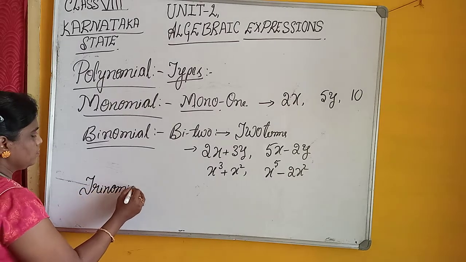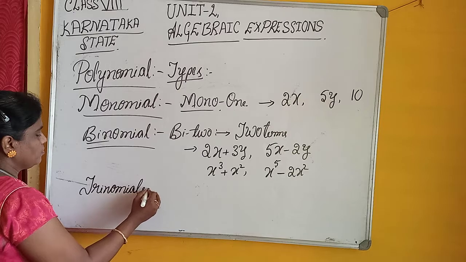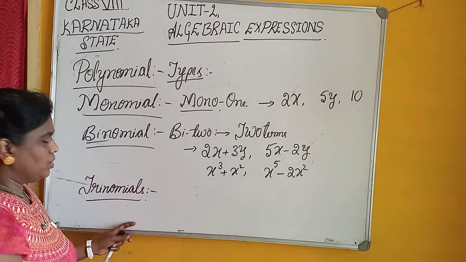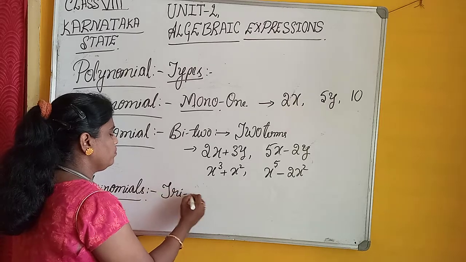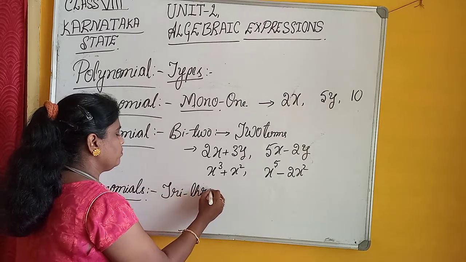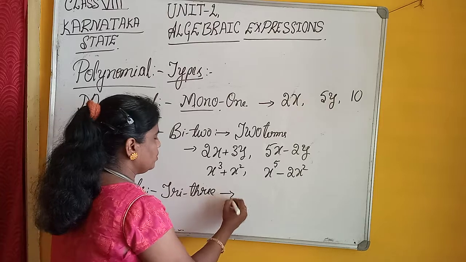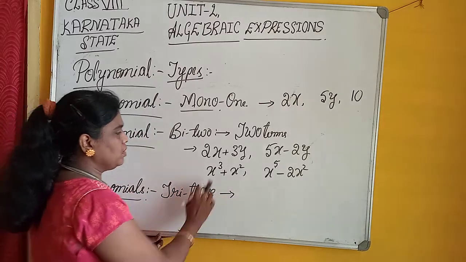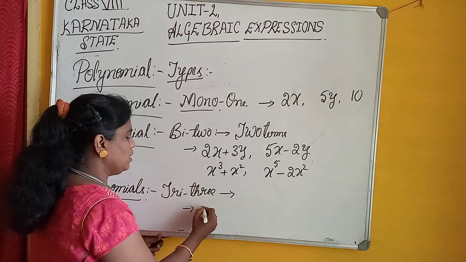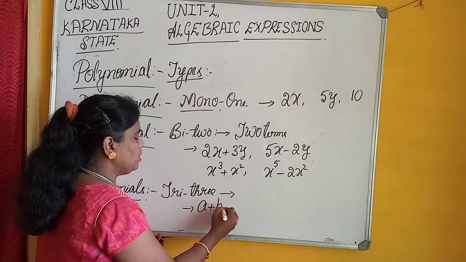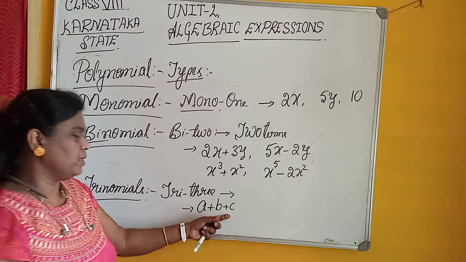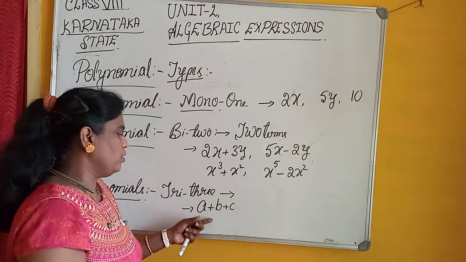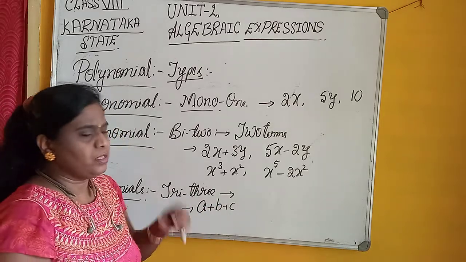Next, trinomials. In trinomials, tri means 3. Here it consists of three terms. In the same way, we can say a plus b plus c is a polynomial with three different variables. Therefore, it consists of three terms.